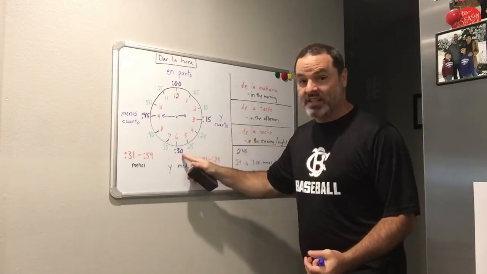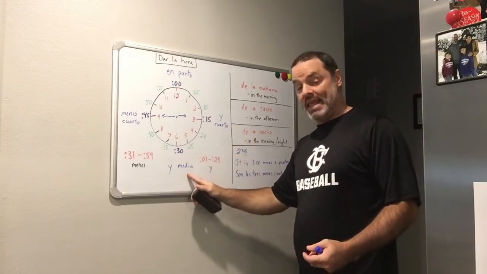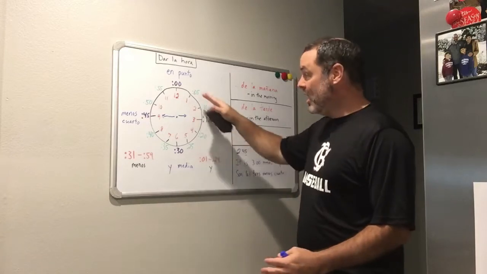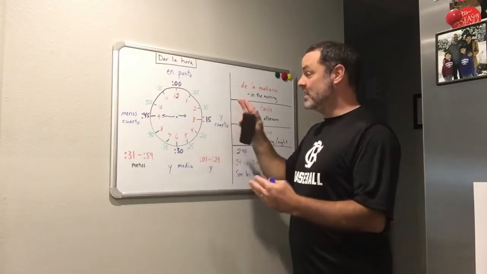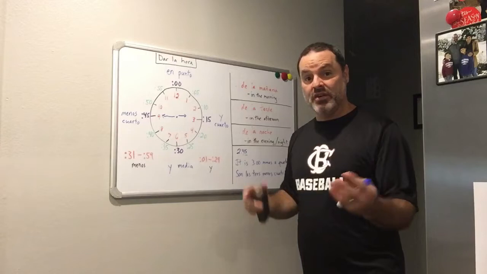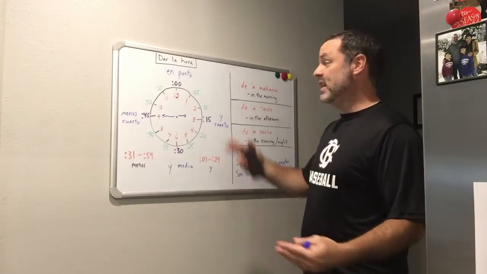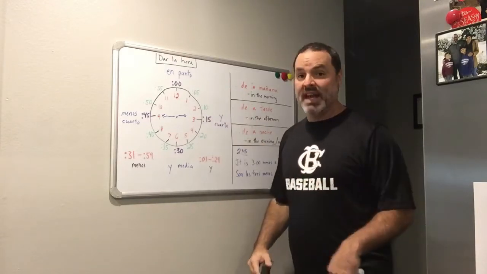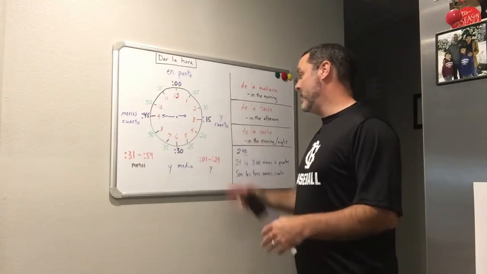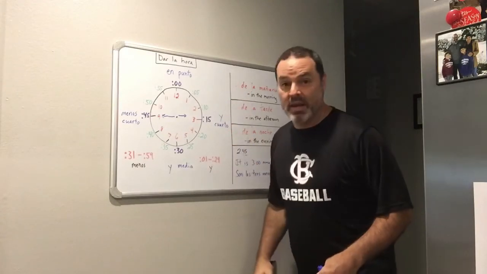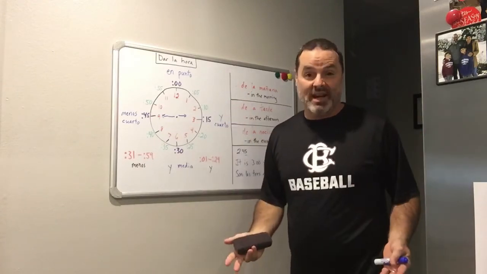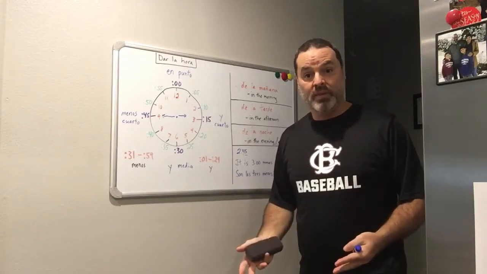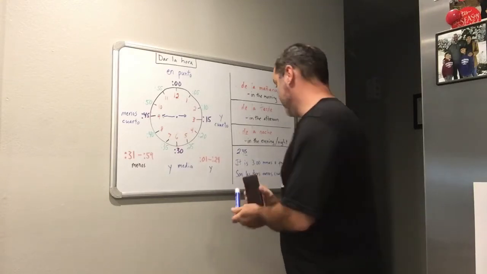If it's 30 exactly, we're going to say y media. Okay? Any other number that's not one of those 3 specific, 0, 0, 15, or 30, for example, if it's 4 minutes after, or 7 minutes, or 23 minutes, or even up to 29 minutes, you'll use the number. So let's take a look at that.